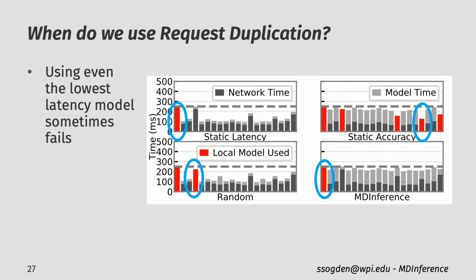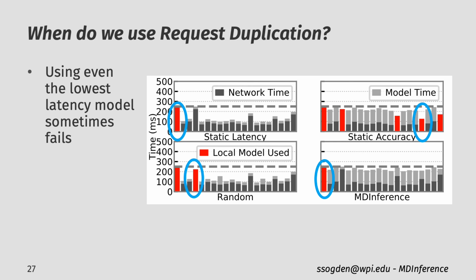We see that regardless of the approach, there are invariably times when the network added too much latency. Static accuracy is the worst affected, as it has the longest execution time, and therefore violates the target response time, SLA, the most often. Meanwhile, we see that MDInference rivals static latency in the ability to execute within the target.